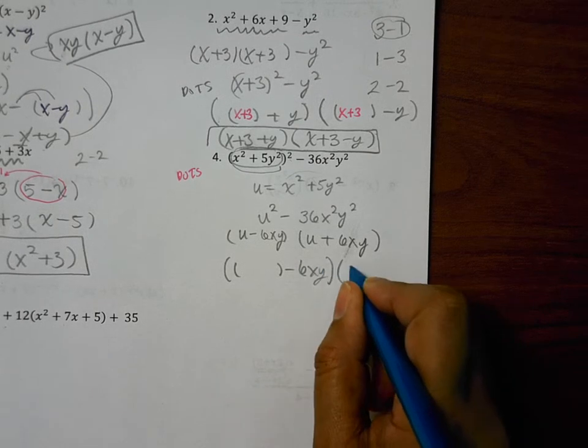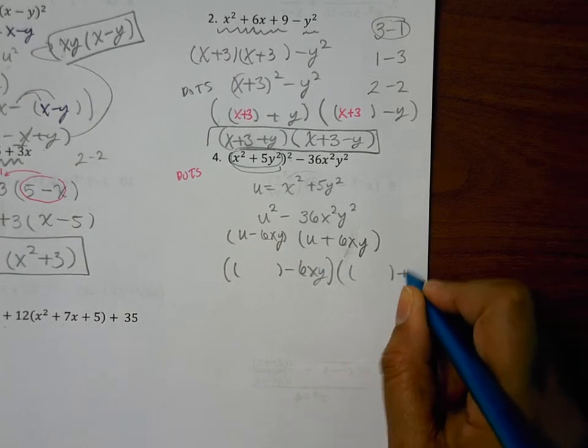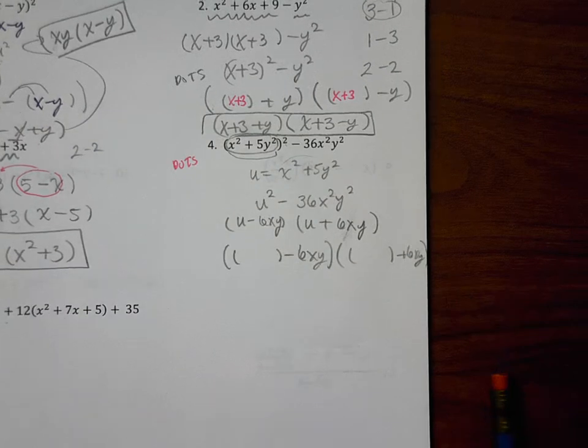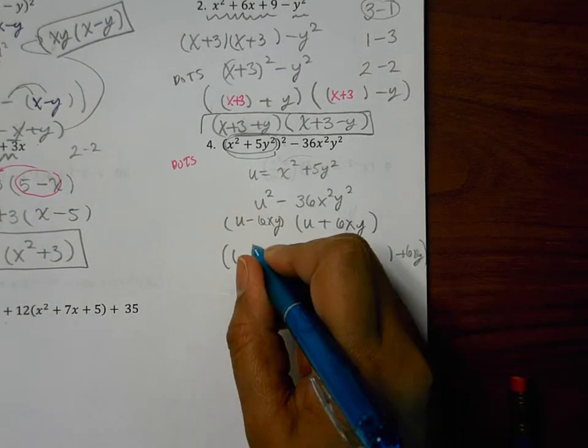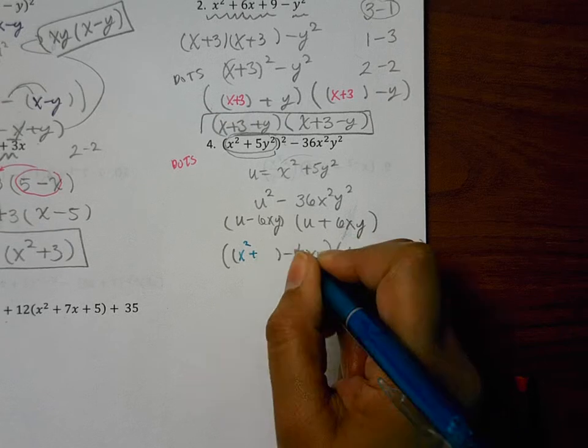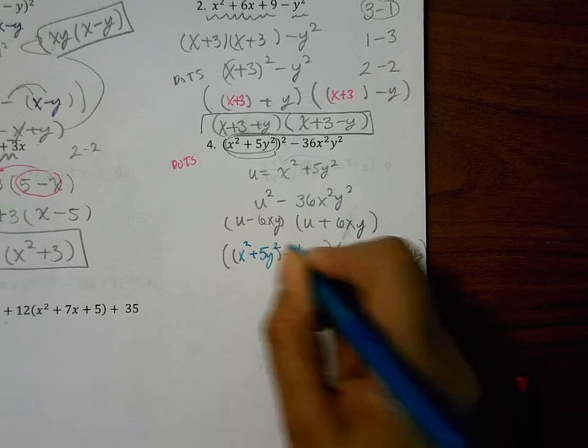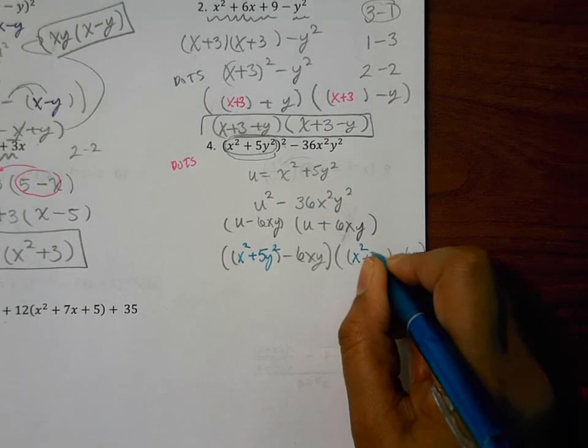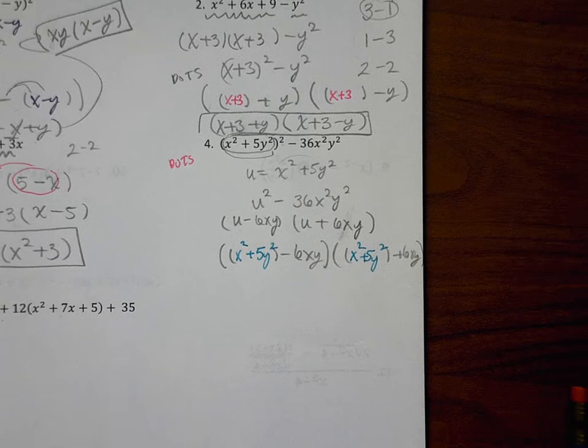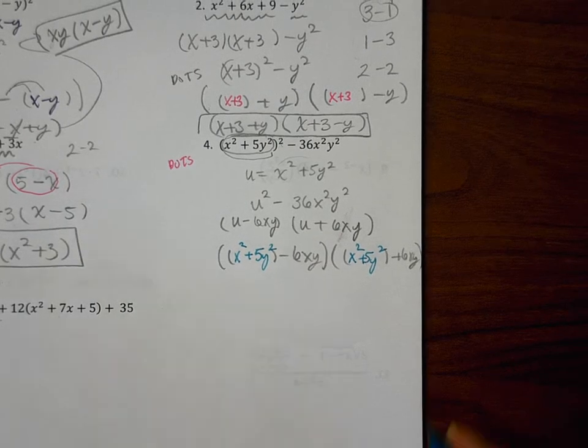I have to substitute the u back in: blank minus 6xy, and then blank plus 6xy. And let's fill in the blank. What was it to begin with? X squared plus 5y squared.